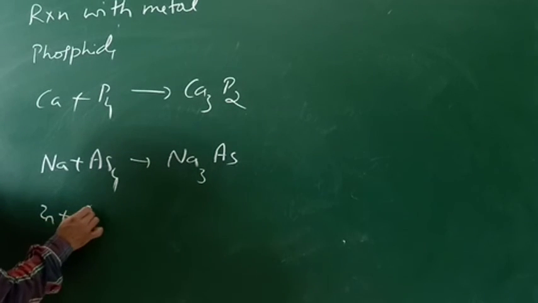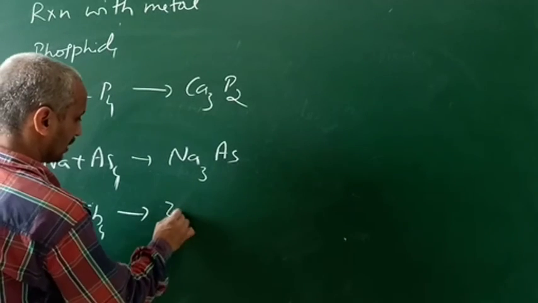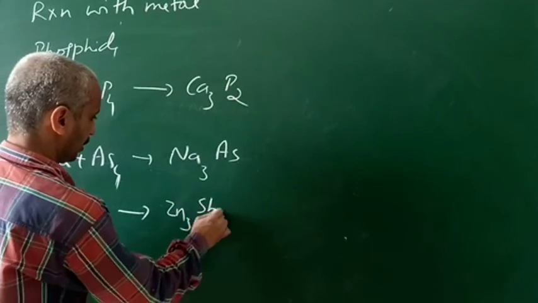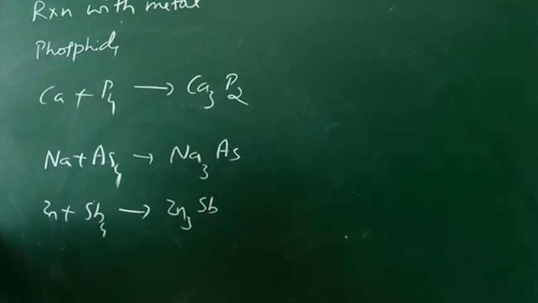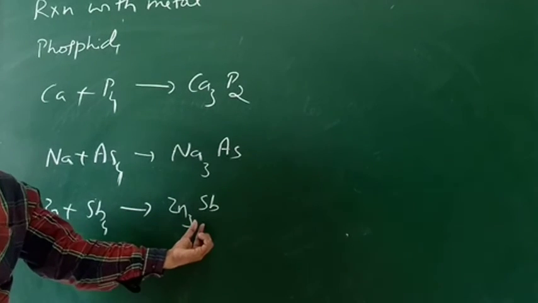Zinc plus Sb4 gives Zn3Sb2, which is zinc antimonide.